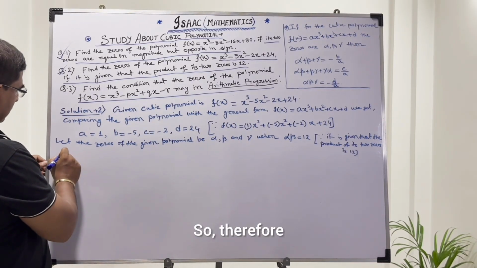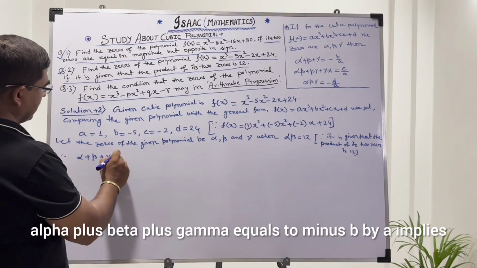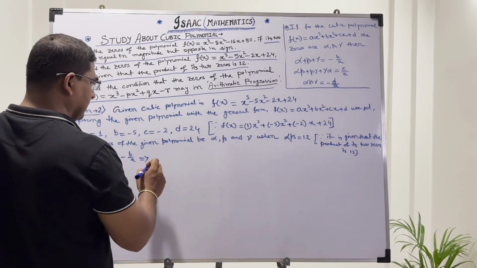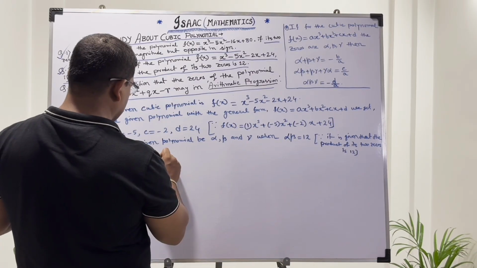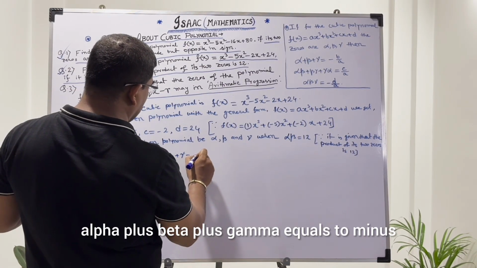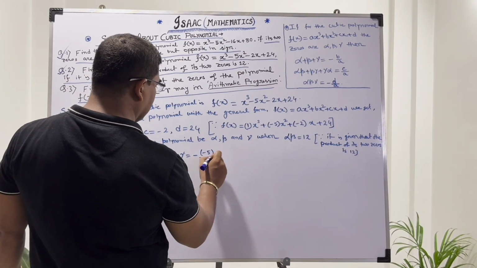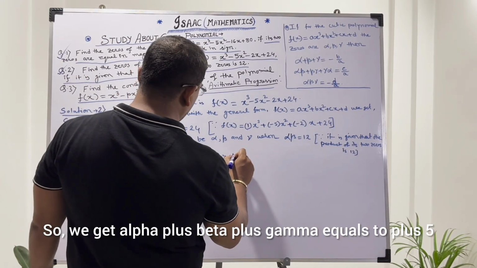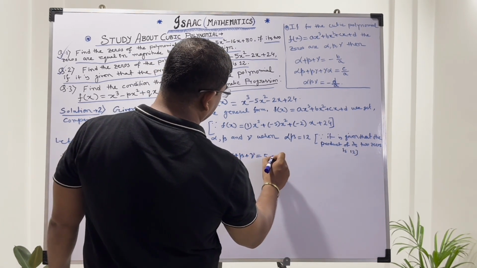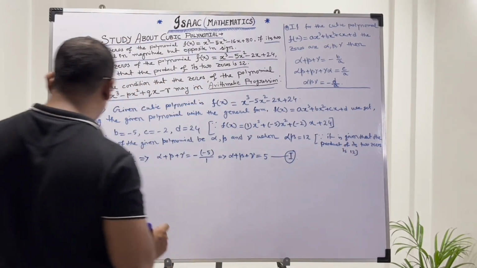So, therefore, alpha plus beta plus gamma equals minus b by a, implies alpha plus beta plus gamma equals minus, b means minus 5, a means 1. So, we get alpha plus beta plus gamma equals plus 5. This is relation number 1.